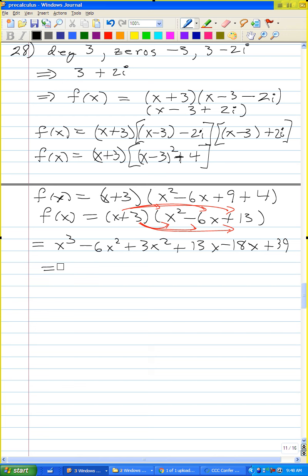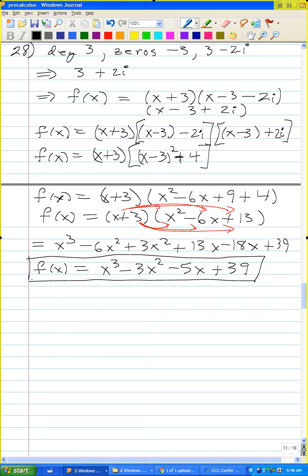So I get f of x equal to x cubed minus 3x squared minus 5x plus 39. And that is your answer. Any questions about that? So that's a monic polynomial, which is of degree 3, having negative 3 as a 0 and 3 minus 2i as a 0.